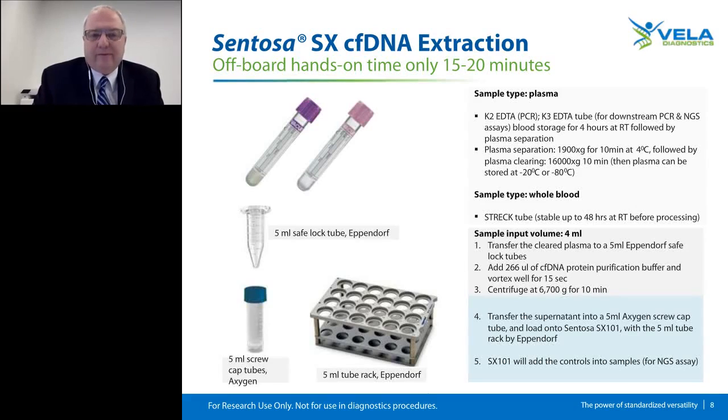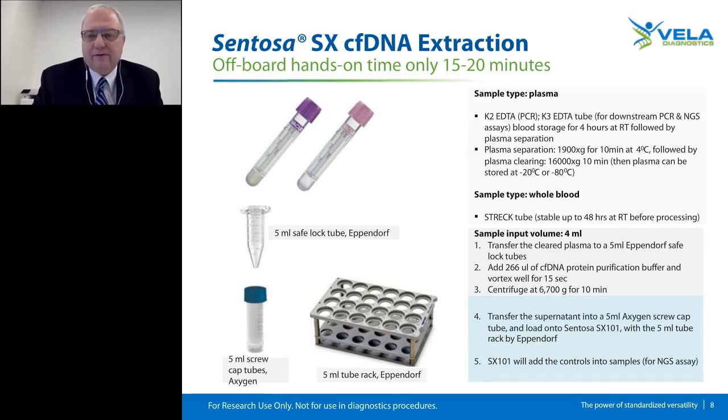So as I had mentioned earlier, the Centosa SX cell-free DNA extraction includes off-board hands-on time of only 15 to 20 minutes. We've extensively investigated the types of tubes to be used in this system. And the 3 types of tubes that we recommend for use in this system is the K2 EDTA tube, which is to be used for PCR. As we started to investigate the tubes, we noted that the K2 tube was not providing adequate results for next generation sequencing.